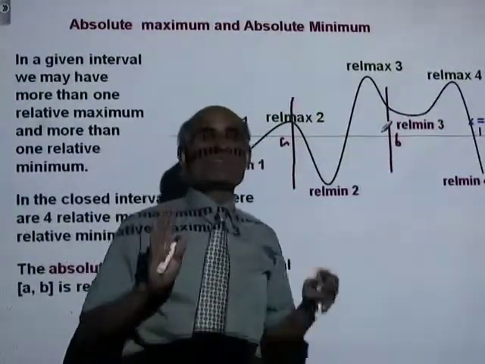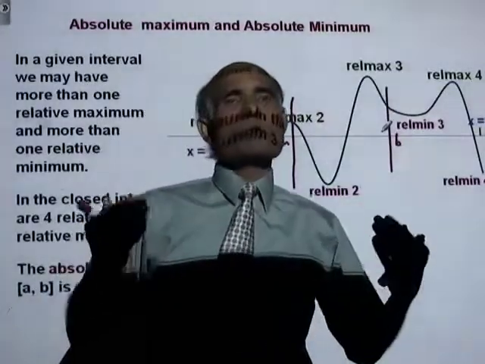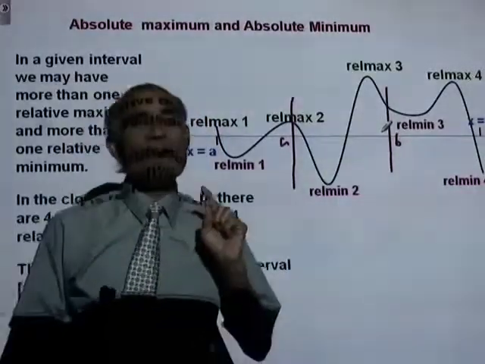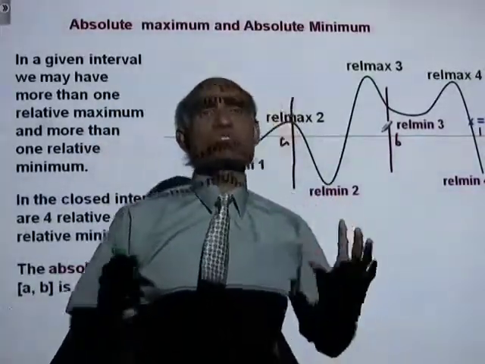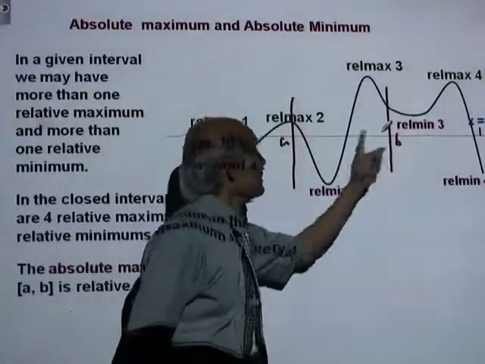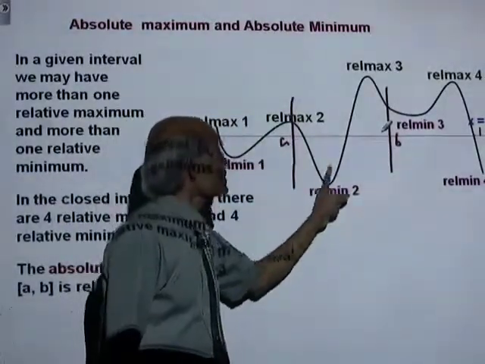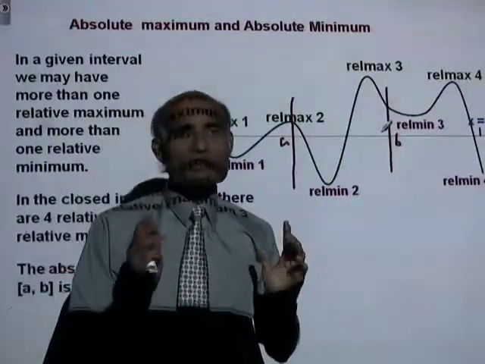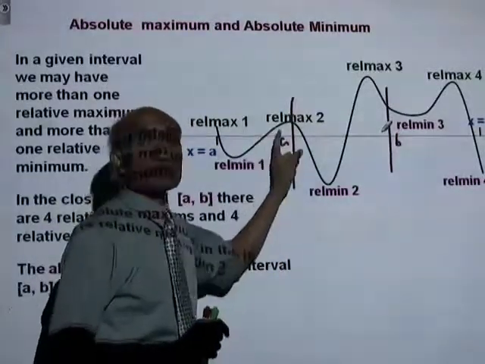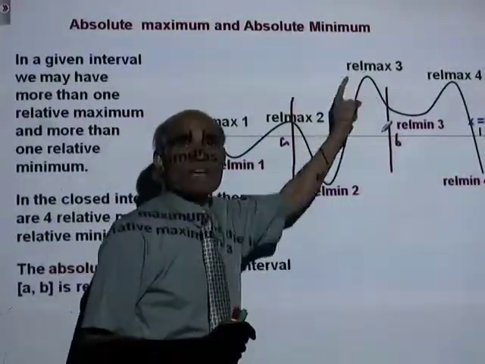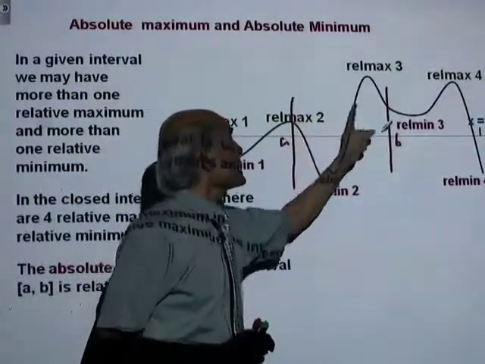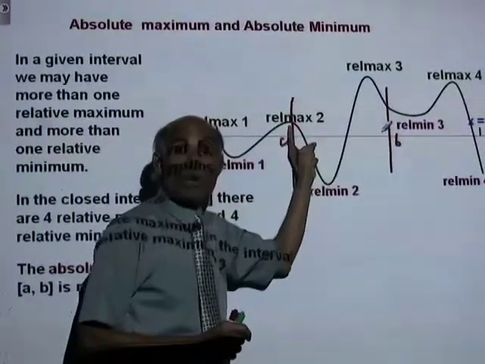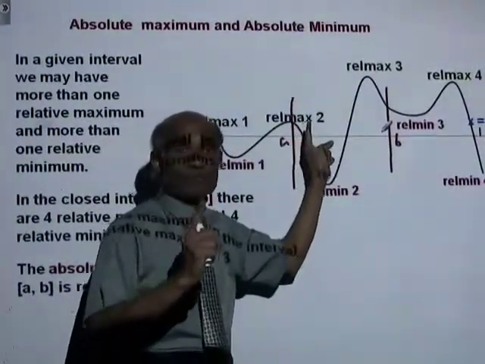And so, if you want to find the absolute maximum or minimum of a function, what do you do? The first thing you do is find the critical numbers of the function on that interval. And if you notice, this is a critical number, that's a critical number. Once you find the critical numbers, find the values of the function at the critical numbers and also at the end points of the interval, because a maximum or a minimum can occur at the end points also.